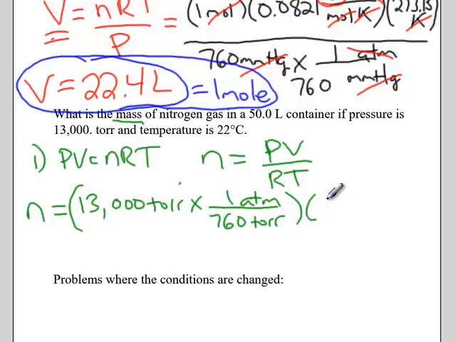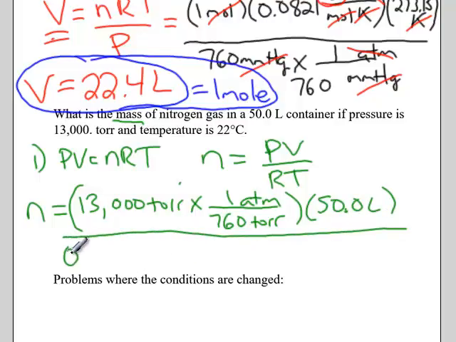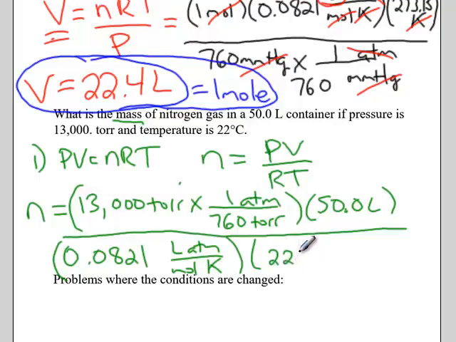V, the volume, was 50 liters. Gas constant R, and then the temperature 22 degrees Celsius, so we're going to add 273.15 to get that into Kelvin.